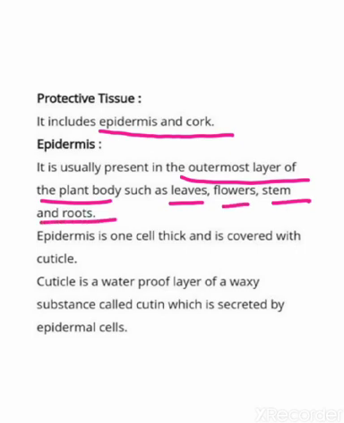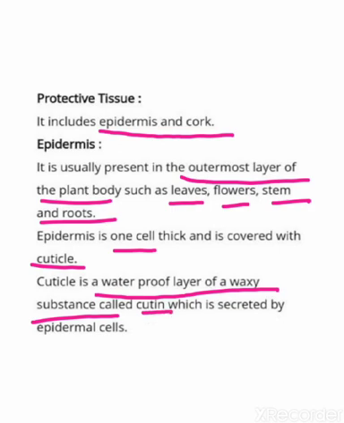It is made up of one cell thick layer and is covered with cuticle, means the outer layer of the epidermis is cuticle. This cuticle is a waterproof layer of a waxy substance and this waxy substance is known as cutin, which is secreted by epidermal cells.